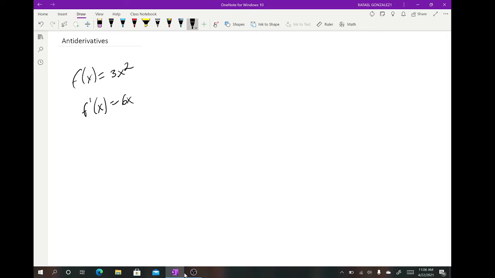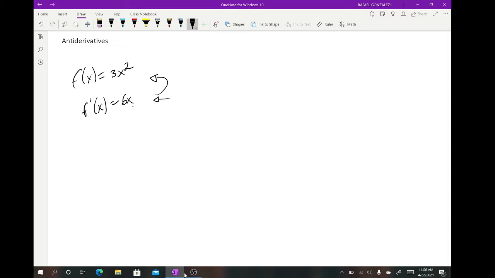Now the antiderivative is the opposite operation. So if you're given 6x, how can you get back 3x squared? Now for a function as simple as this, you could do it without even thinking.